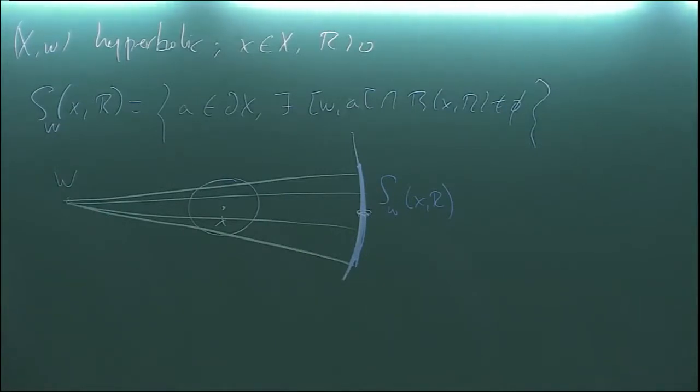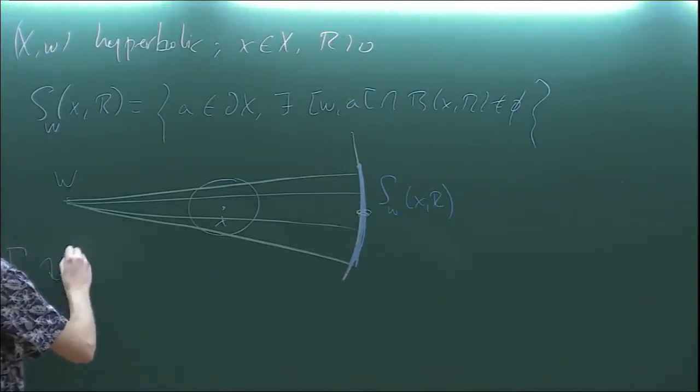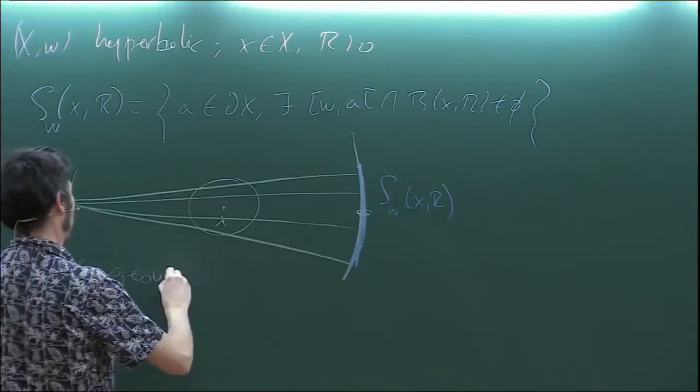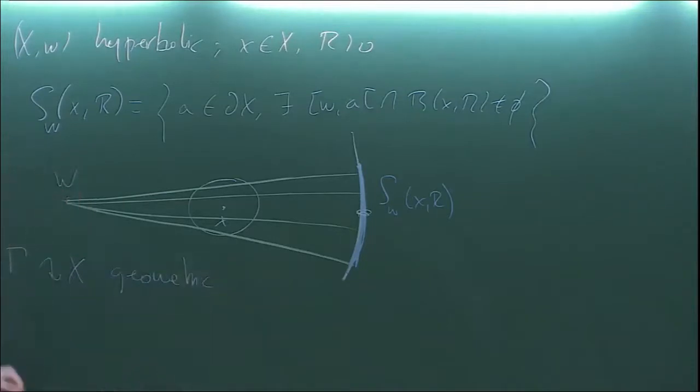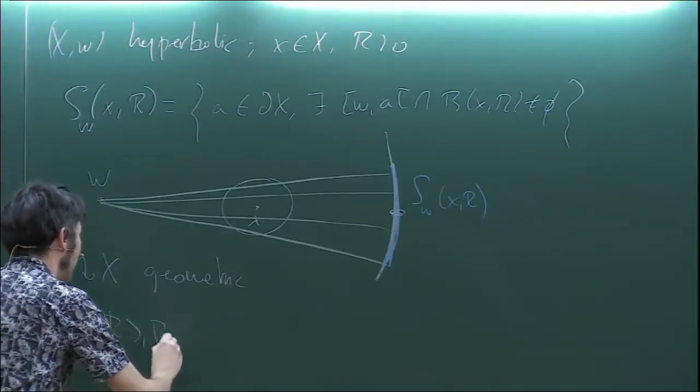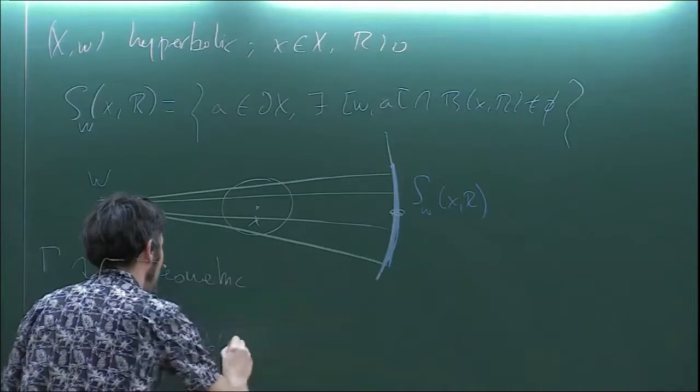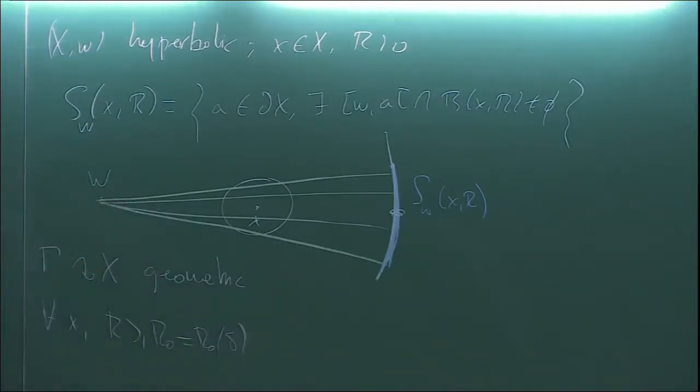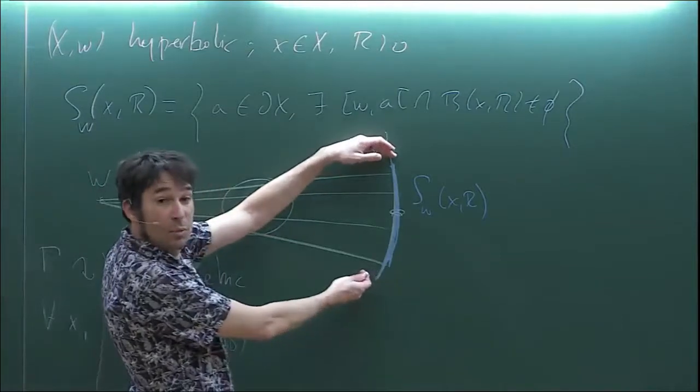So when you have a geometric action on X, then for any R bigger than some constant R0, which only depends on delta, the shadow will be approximately a ball.